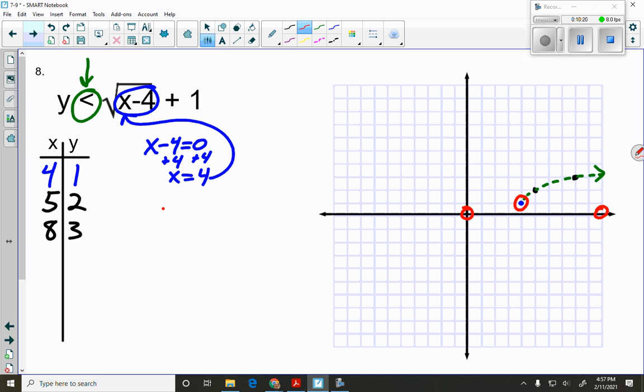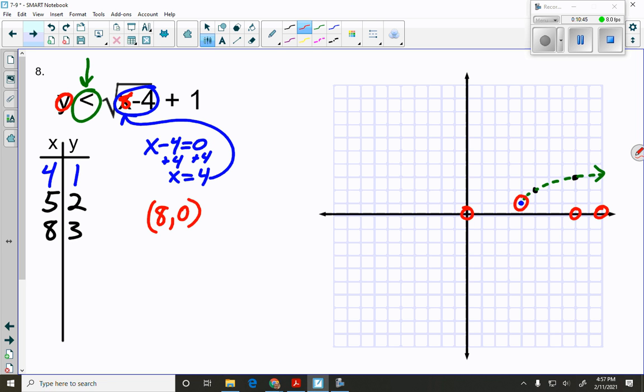Do I want to pick 10? Maybe I'll pick something nicer. How about that one? 8, 0. I like that. Why am I changing it? I started picking a random one, 10, but you know what? 8, 0 is a better one, because when I plug this into my original equation, and I put an 8 in the x spot and a 0 in the y spot, and I look to see if it's true, I want it to be easy.